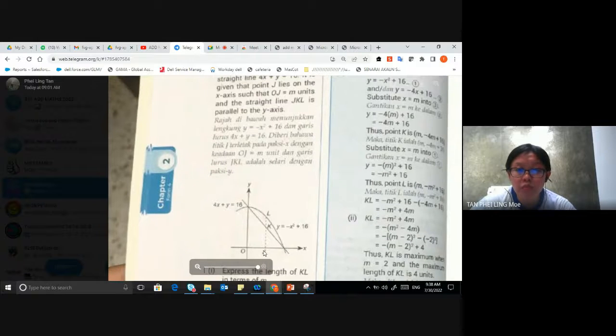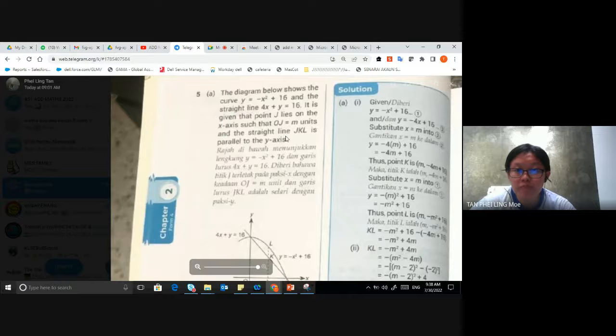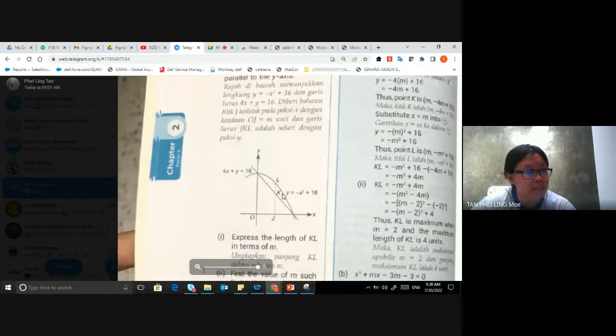You only know that OJ equals M. Now you have to make use of this M to express the distance of K and L. How do you solve that? First, understand that this OJ is actually this distance.